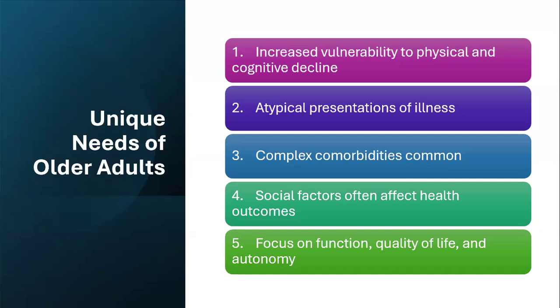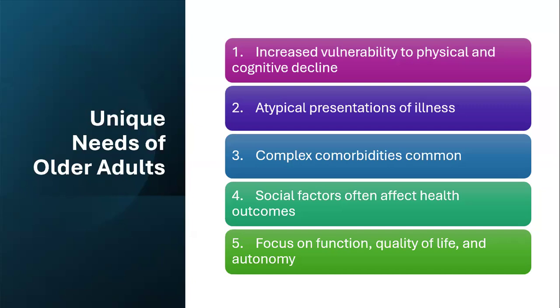And also you should focus on function because sometimes you may not be able to cure certain things, but you should focus on function and also quality of life and autonomy because they really value autonomy. They don't want to get bedbound or looked after by someone at home.